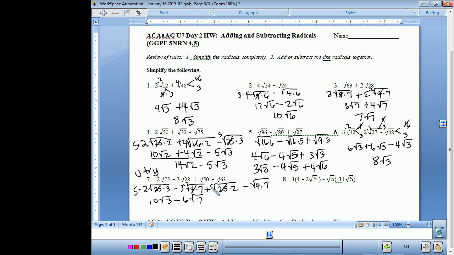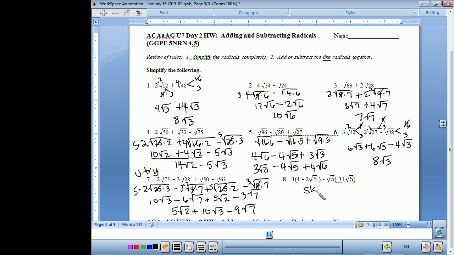When we bring out the 5, we get 5 roots of 2. And when we bring out the 9, we get 3 roots of 7. So we have the negative 6 roots of 7 and negative 3 roots of 7, so we can combine those. So if we put it in order from least radical to greatest radical, we would combine these two and get negative 9 roots of 7.